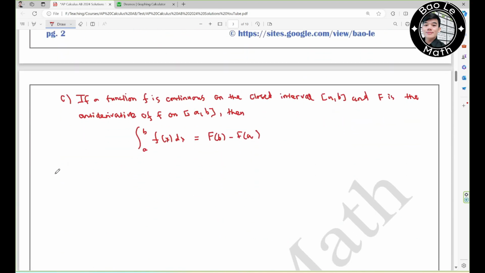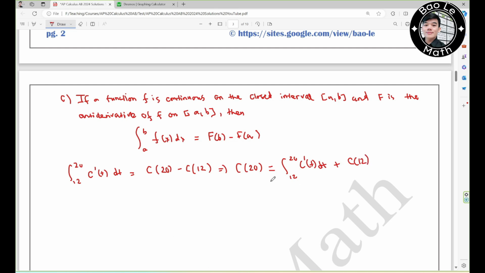Alright, so we have the integral of C prime of t dt equals C of 20 minus C of 12. So we have C of 20 equals the integral from 12 to 20 of C prime of t dt plus C of 12. Now we just substitute values, right?